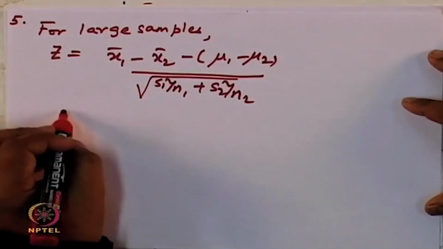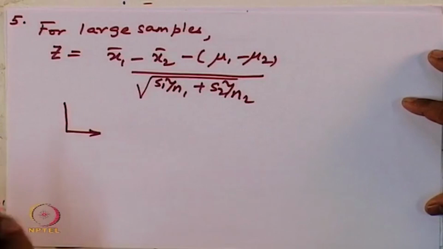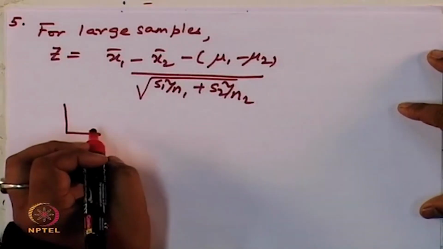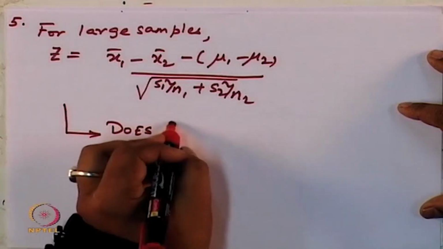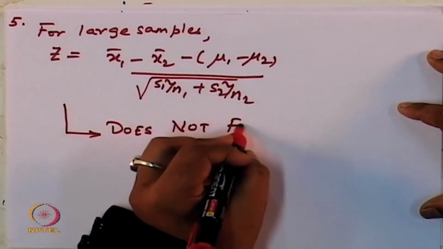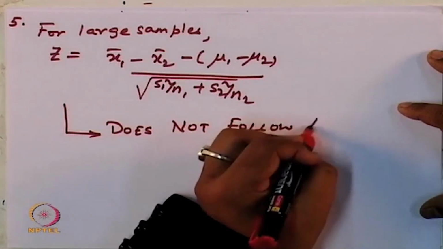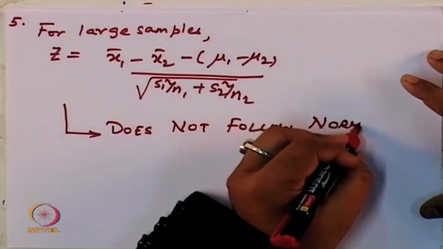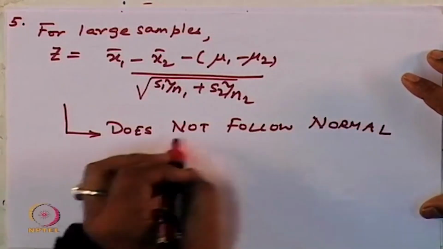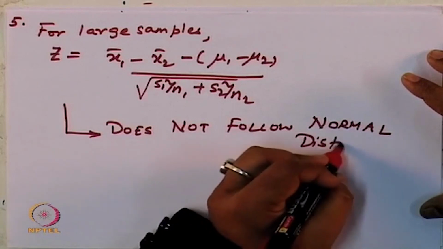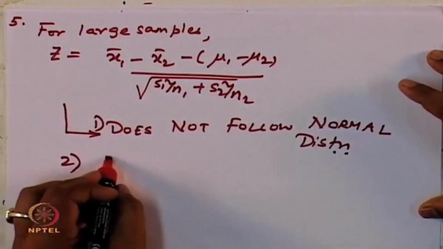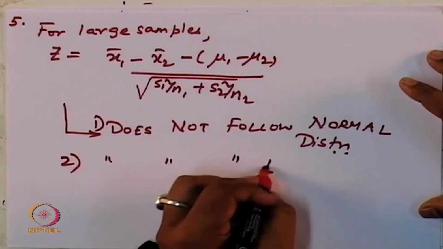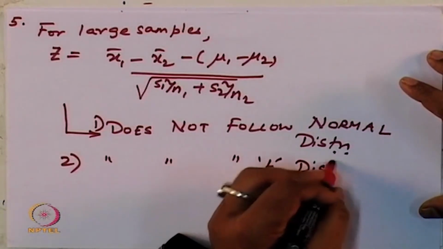Now, what is known is that this test statistic for small samples does not follow the normal distribution, and secondly, it does not follow the t distribution.